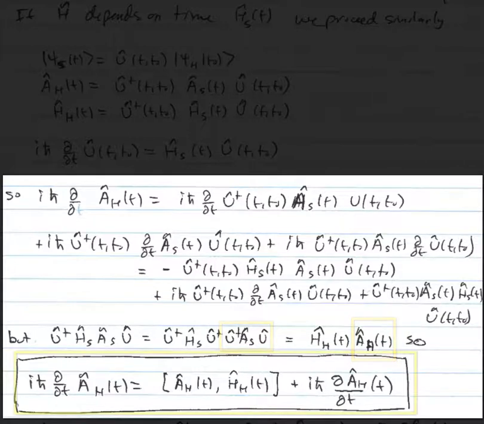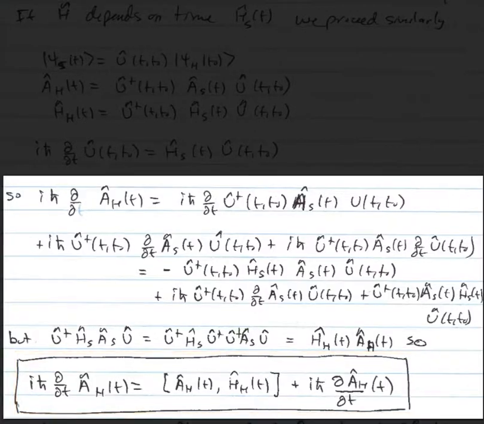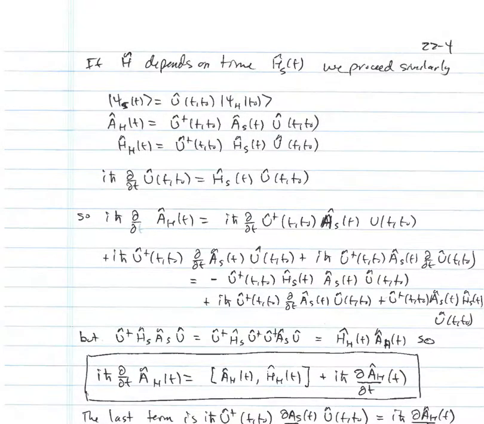And so what we find is i h-bar d/dt A Heisenberg of t is equal to the commutator of A Heisenberg of t with H Heisenberg of t plus i h-bar dA Heisenberg/dt of t with a partial derivative. That last term, what that means is I'm doing the time derivative of the Schrodinger operator with respect to time and putting that into the Heisenberg representation.